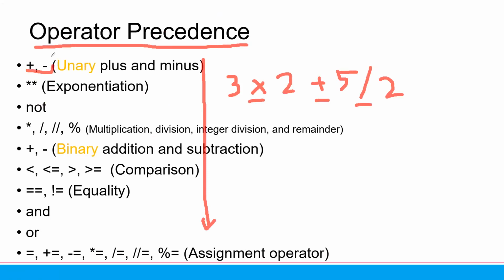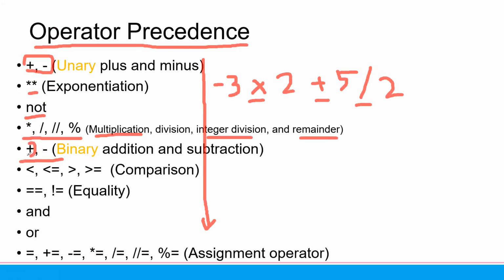So plus and minus, unary plus and minus, it means this is the minus or plus for the number, for example, whether it is a positive or negative number. And then this is exponent. And then this is not, which is to find the negation. And then this is the mathematical operators: multiplication, division, integer division, remainder. This is binary addition.